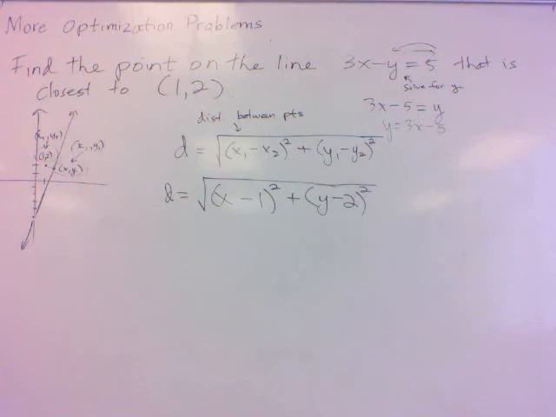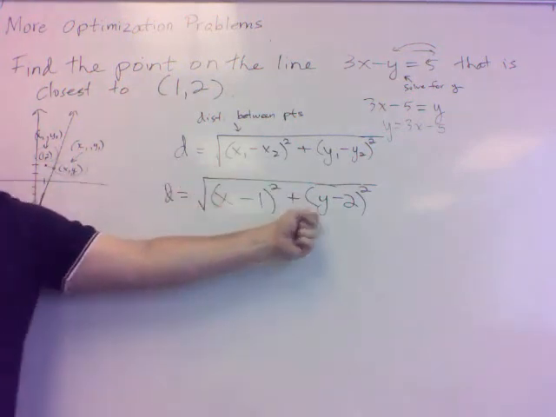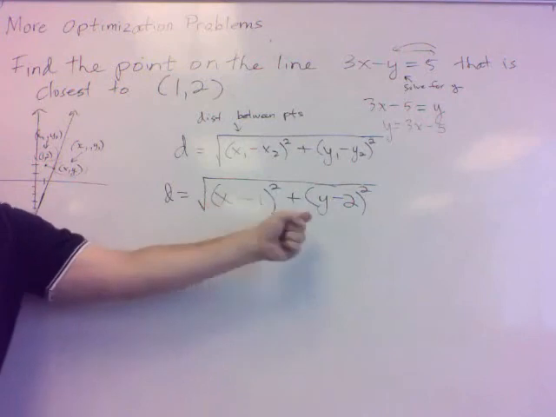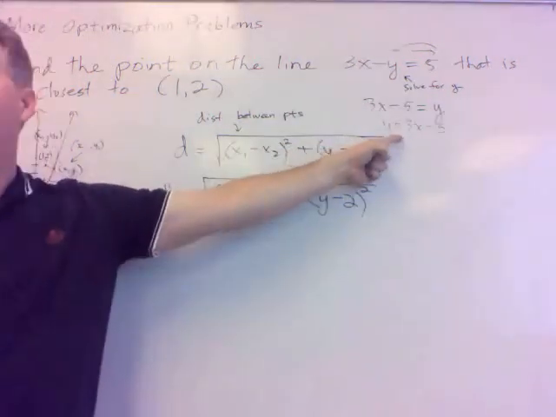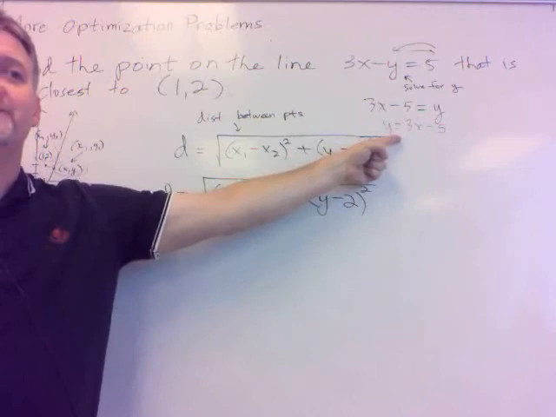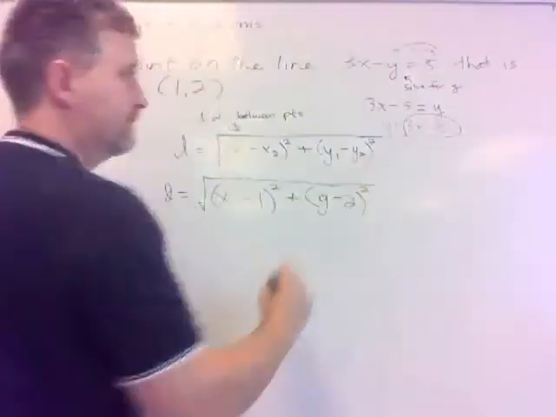Okay, well, again, the only problem with that is, I want to minimize that, which is to take the derivative. The only problem with it is I've got a y also with an x, so I need to get rid of the y. How do I do that? Well, that's again why you might want to get this equation solved for y. Can I substitute this for y here?